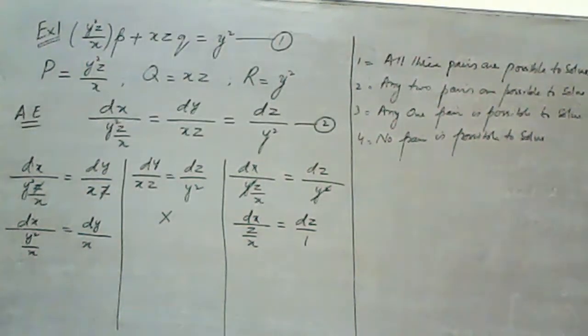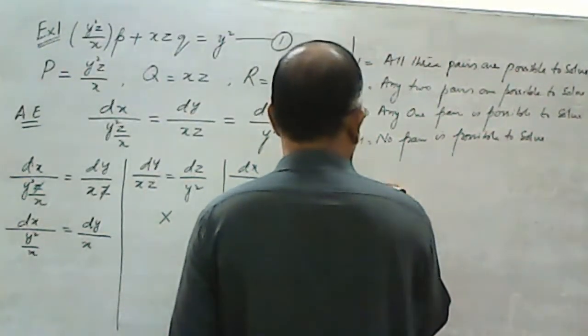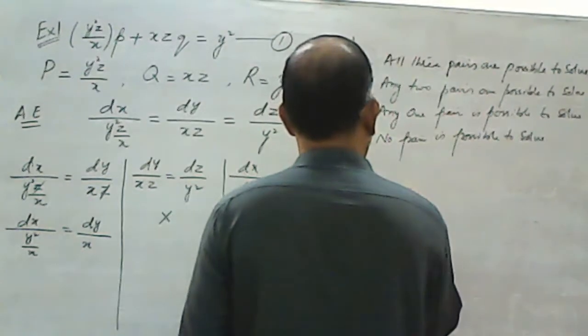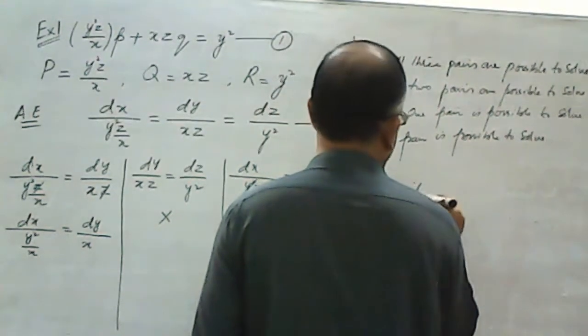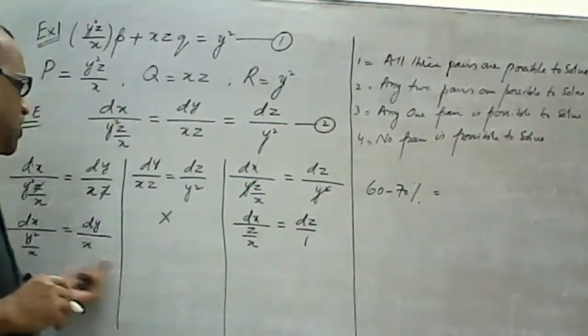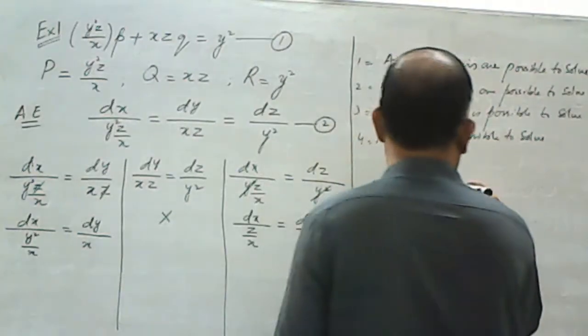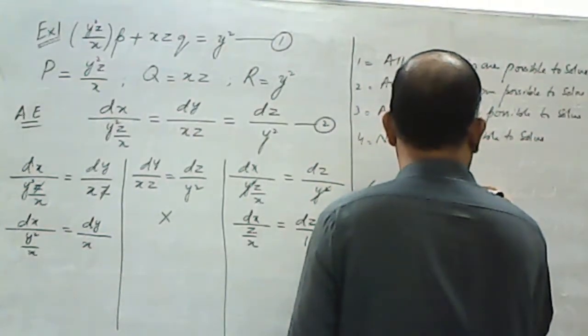Just for your convenience, I am giving you a tip: generally in around 60 to 70% cases, once you reach this step, you find that these are cases of separable variable.